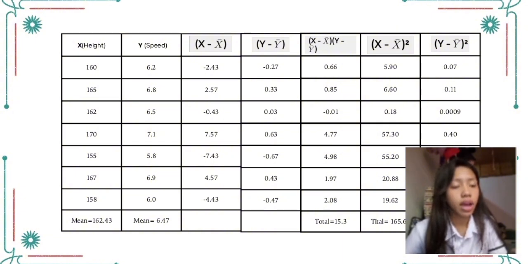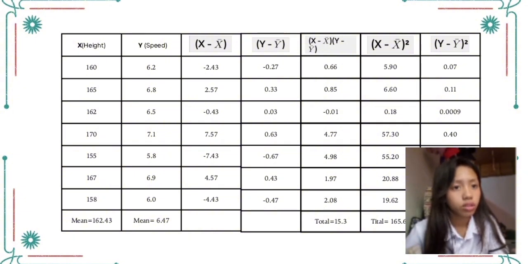Next, we need to find the difference between x and the mean. For example, 160 minus the mean, which is 162, is equal to negative 2.43. Same goes for the next column.